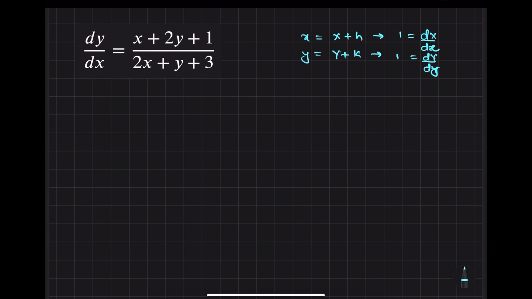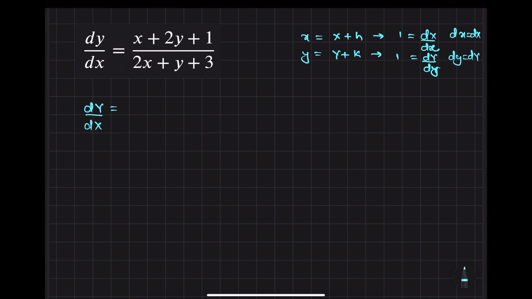And then can I say that we have dx equals dX and dy equals dY. So can I replace this dy by dx with dY by dX?